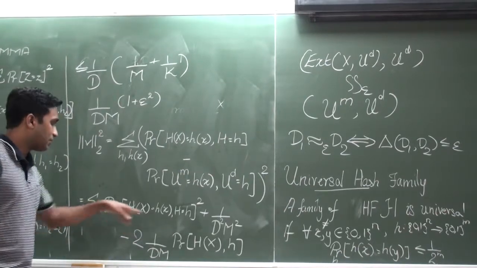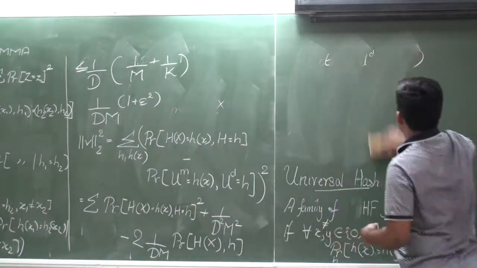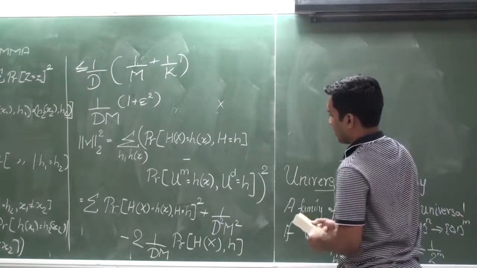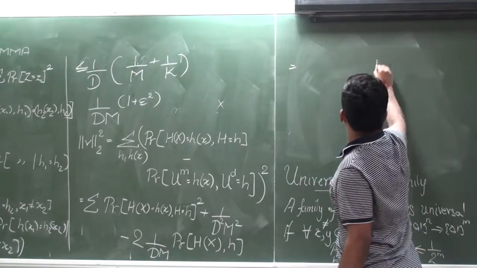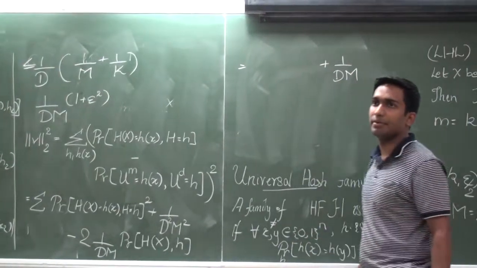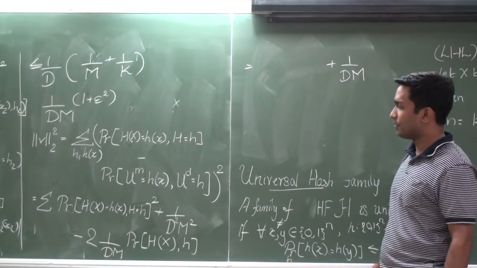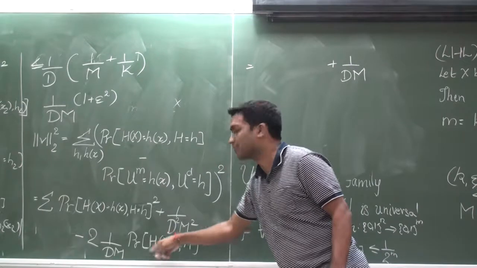Putting the summations inside, this one will become 1 by dm. This one is a constant. Putting the summation over there, this one should go to 1.